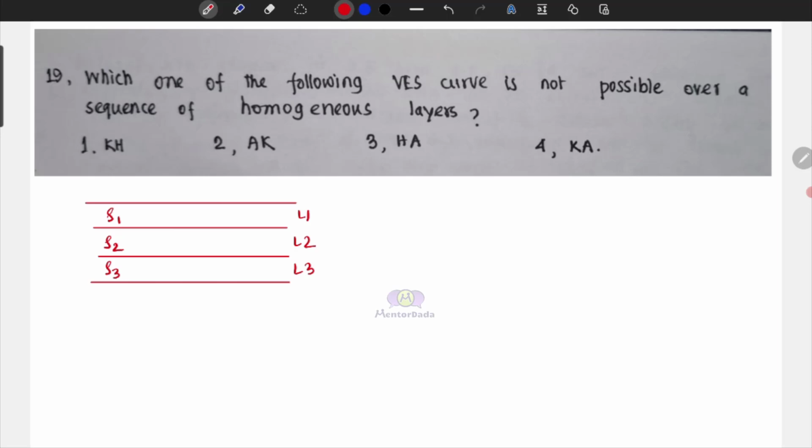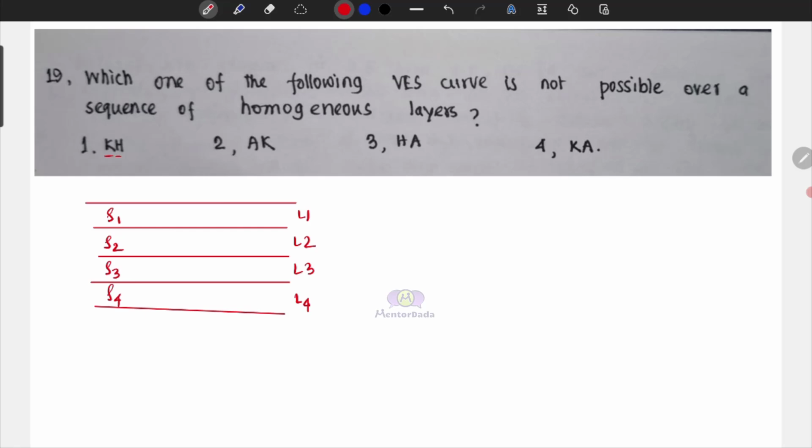Now let's see for which conditions the relation between rho 1, rho 2, rho 3 may or may not be satisfied. Here the names of the curves are in 2 parts, one is K and the other is H. So this is a 4 layer problem. Let the resistivity of the 4th layer be rho 4.